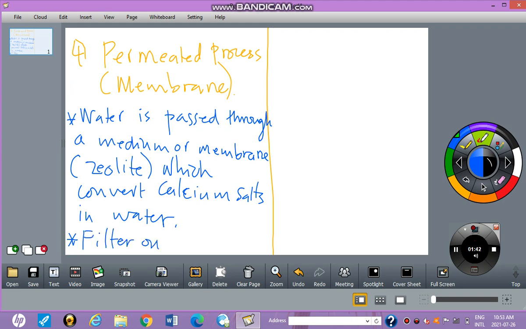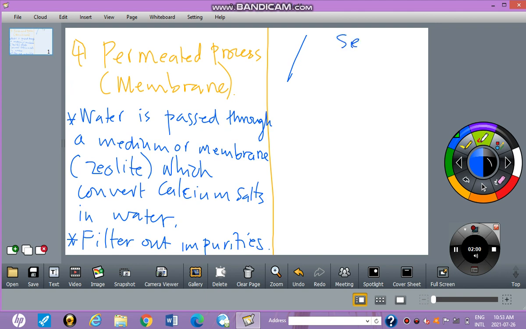Filter out impurities, whatever impurities there are, that are in water. It's like a sieve. When you create a sieve, how does a sieve look like?